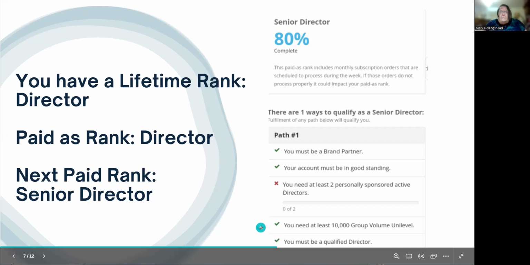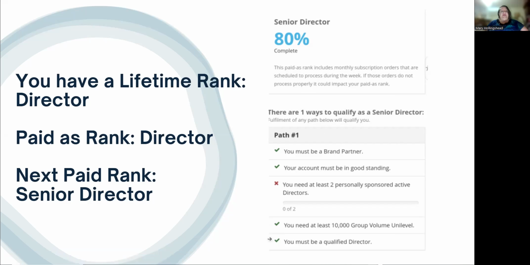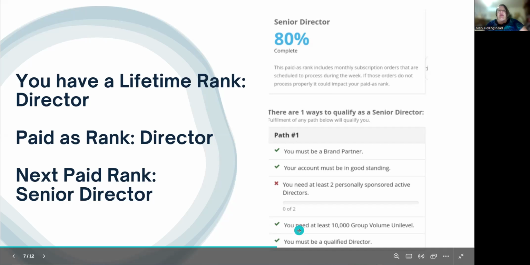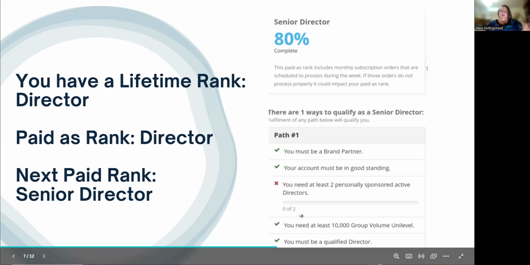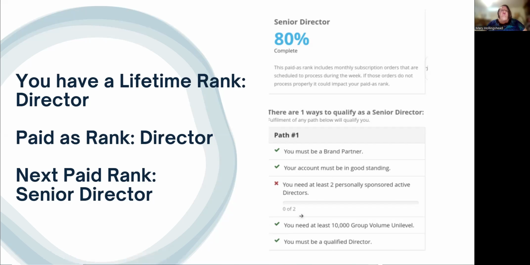And they do. That's why it's checked. And you must be a qualified director. So again, their group volume is where they need it to be for senior director, and they also qualify themselves as a director. The only thing they're looking for is two people to help them become a senior director.